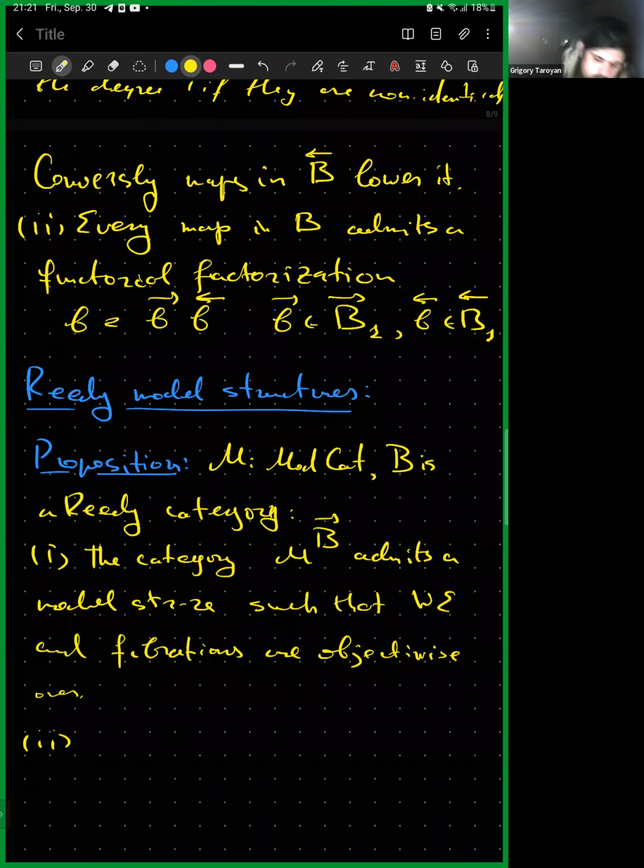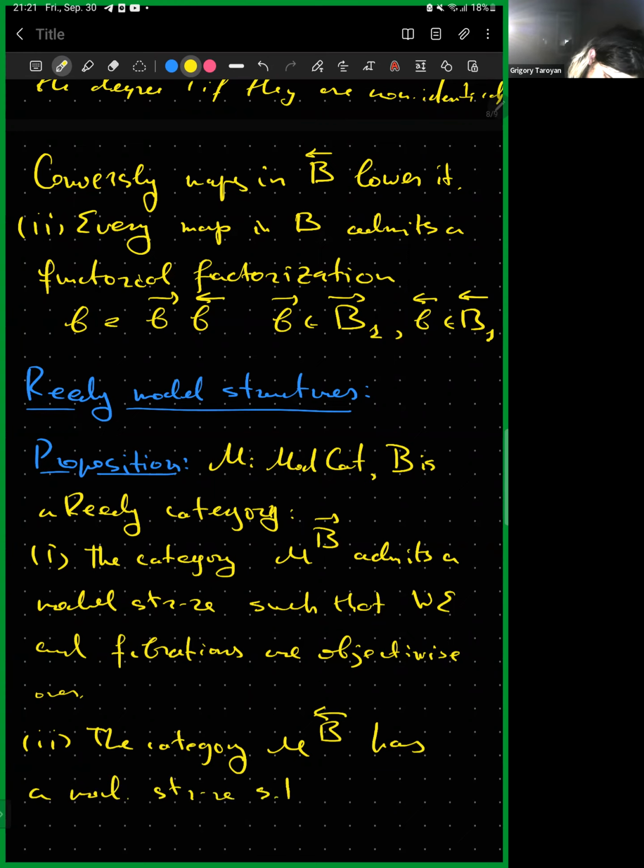So obviously we can state the same thing about a decreasing subcategory, and there we require a model structure such that weak equivalences and cofibrations are objectwise ones.